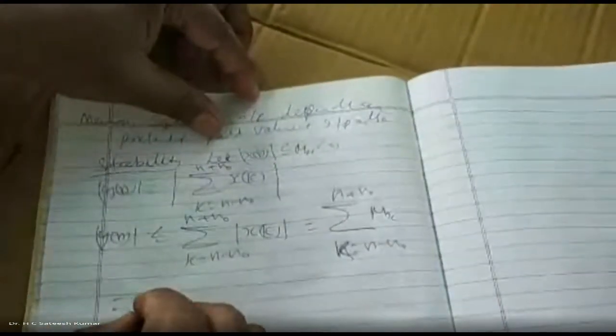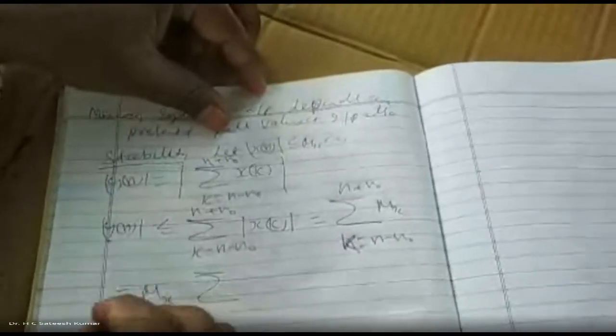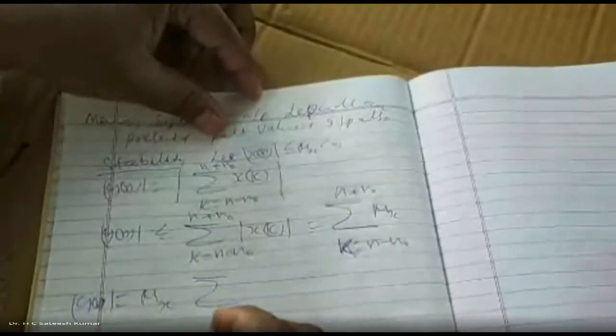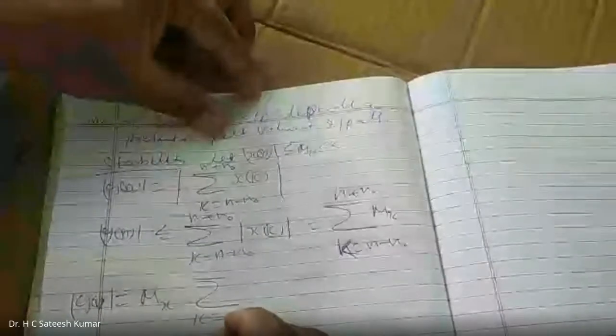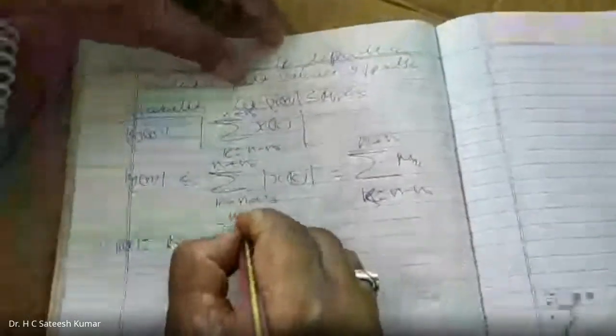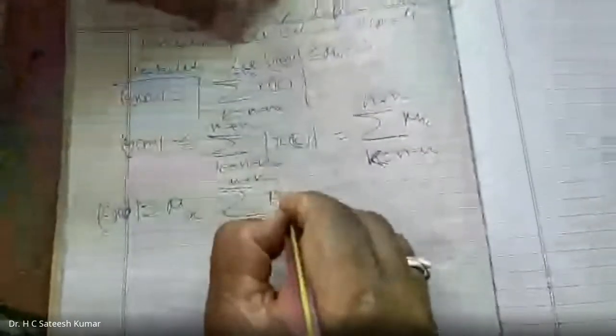It is nothing but equal to mx times summation k varies from n minus n naught to n plus n naught.